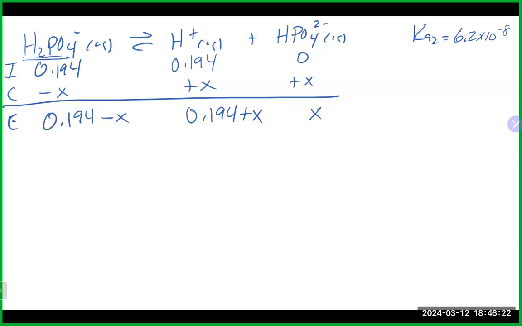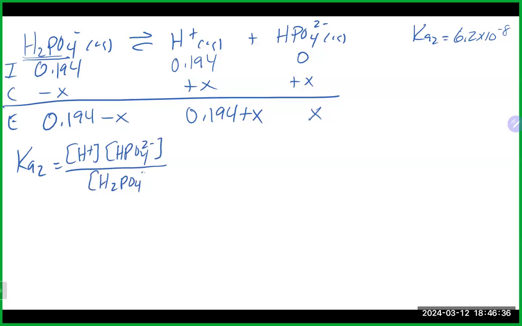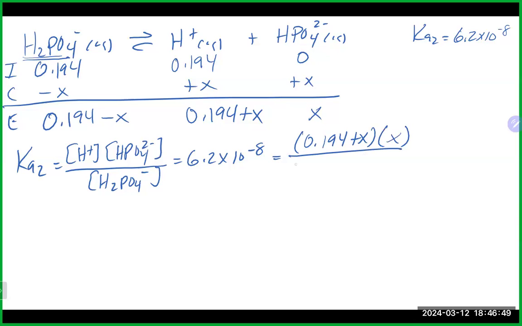This is going to go into our Ka2 expression at this point, which is our H plus, our HPO4 2 minus, over our H2PO4 minus, and that's going to equal 6.2 times 10 to the minus 8. I'm going to put that in there. That gives me 0.194 plus x times x divided by 0.194 minus x.